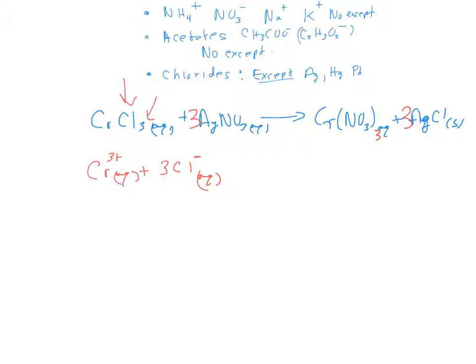Now I'm going to separate the silver nitrate. I'm going to separate that in a different color into silver ion, and there are 3 silver ions and 3 nitrate ions.